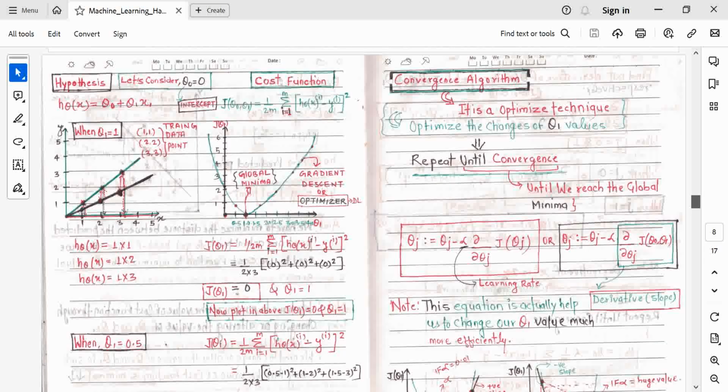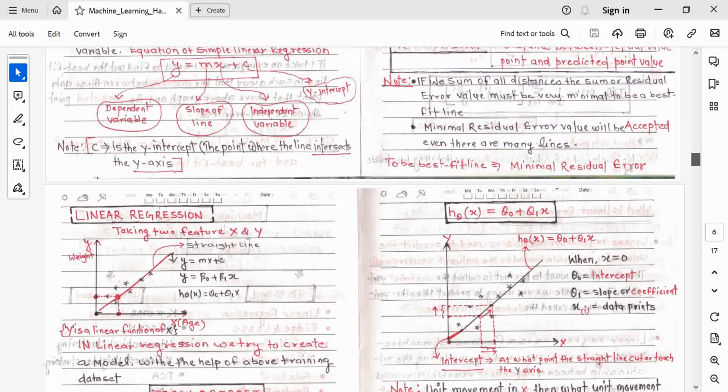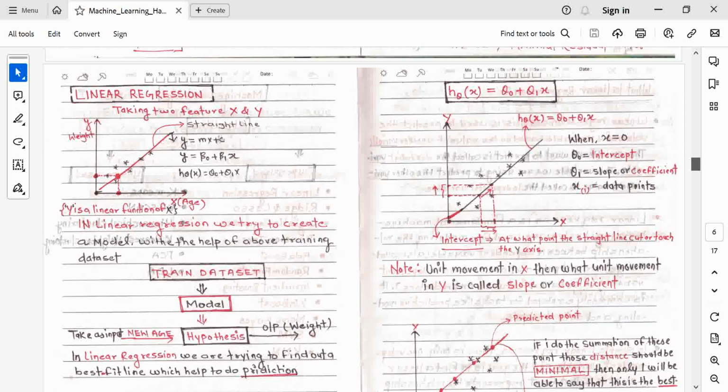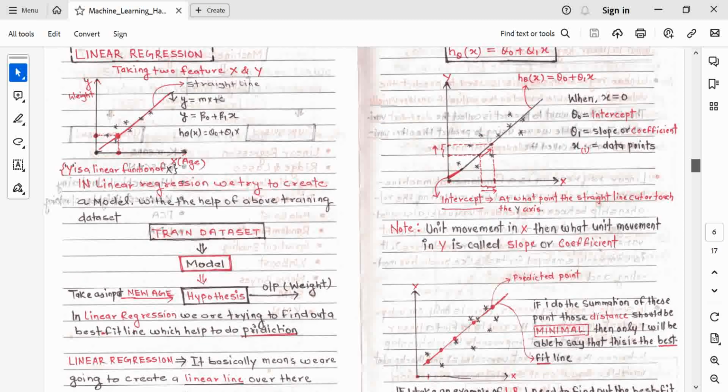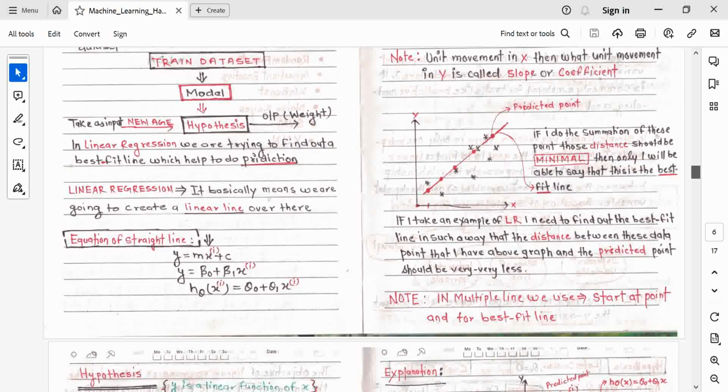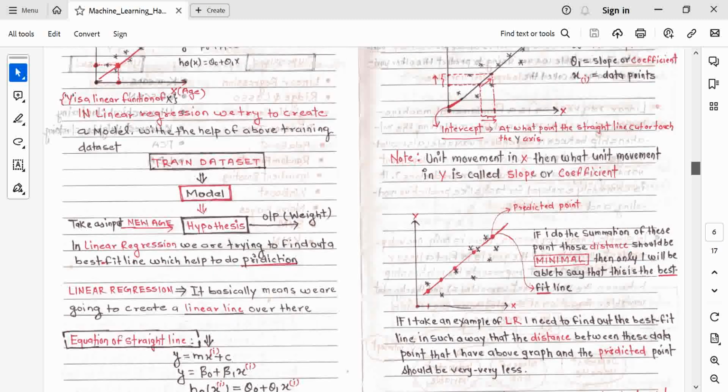In this video, we have discussed the cost function in linear regression, how it is notated, and what its formula will be. We have taken some examples with the help of graphical representation and the equation of straight lines, and how it is notated in a machine learning algorithm in linear regression.